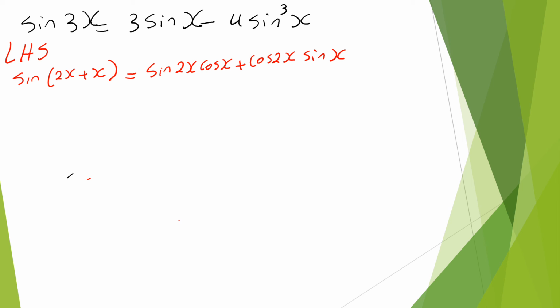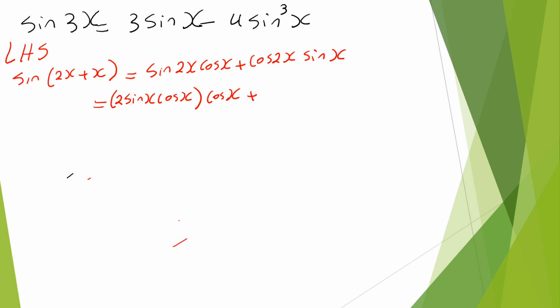Okay, now I still have 2x, so I will use the double angles now to open the 2x into x, because I only want x's in here. So the sine 2x is the same as 2 sine x cosine x. And the cosine x has nothing to do. I'm not going to change it.